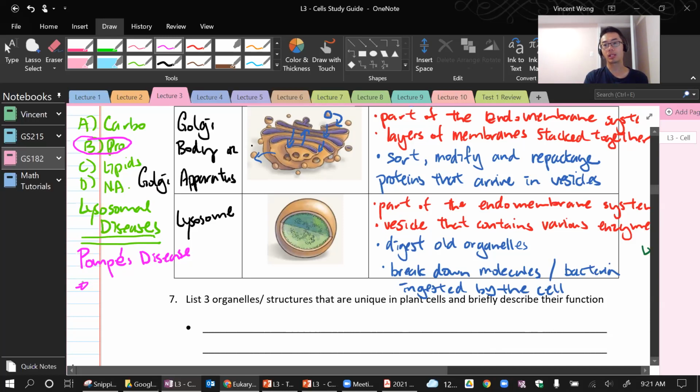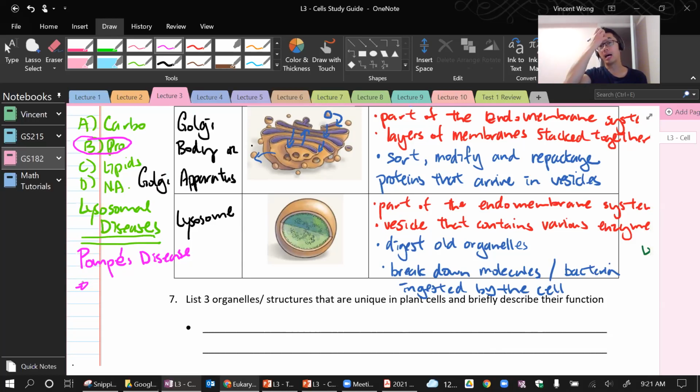Glycogen is a storage form of energy in muscle, as you know, and liver. And if you can't break it down, then it starts to accumulate. Too much of a good thing is not always going to be ideal.